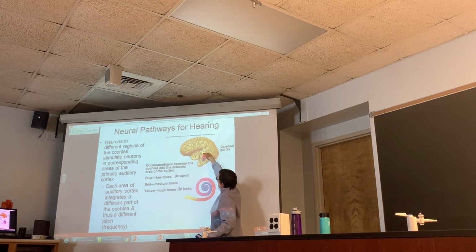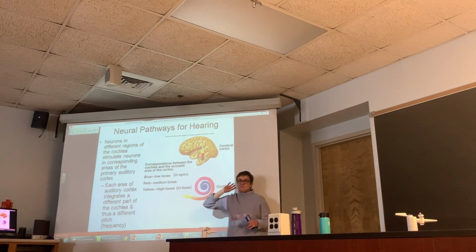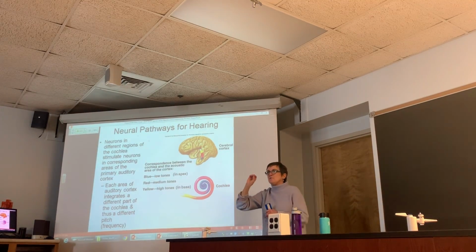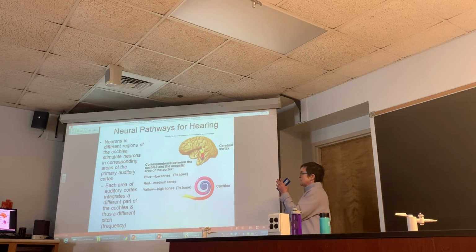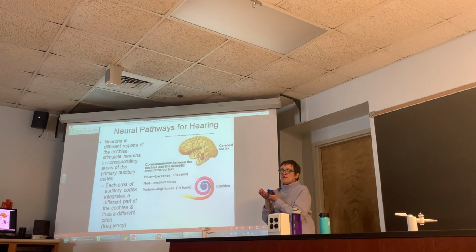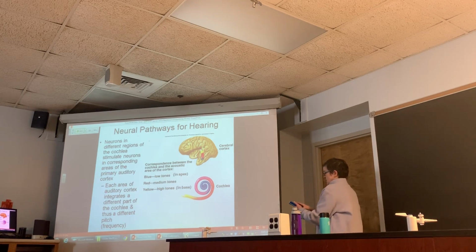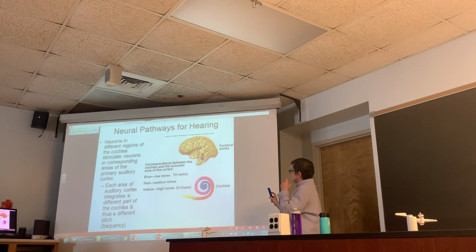So, here's high pitch, medium pitch, low pitch. They're picking up and processing that different pitch information. But it gets all put together by the auditory association area. That experience of sound gets put together by the auditory association area.